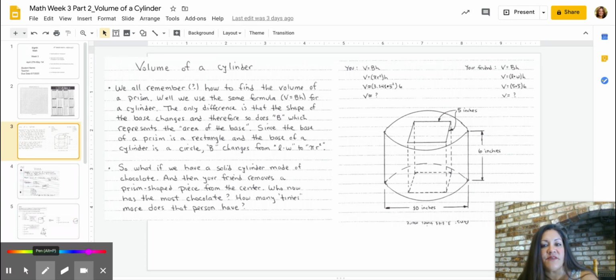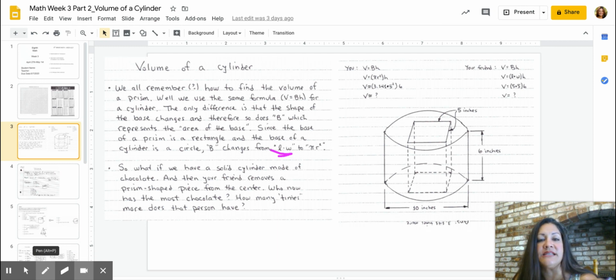Since the base of a prism is a rectangle and the base of a cylinder is a circle, B changes from length times width, which is the area of a rectangle, to pi r squared. That is the formula for the area of a circle.